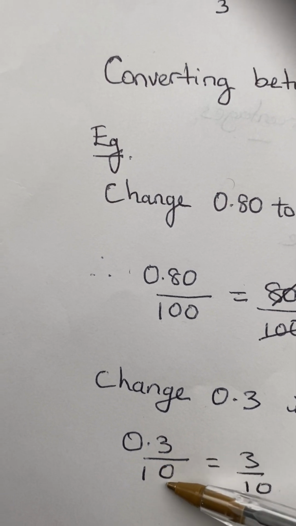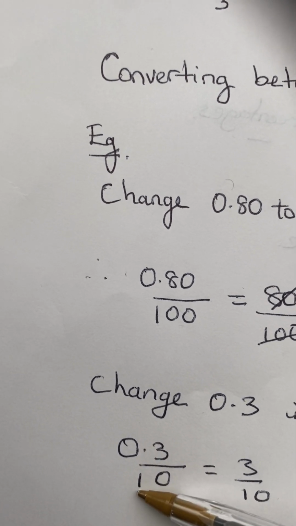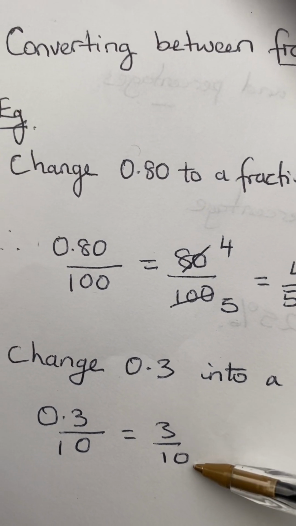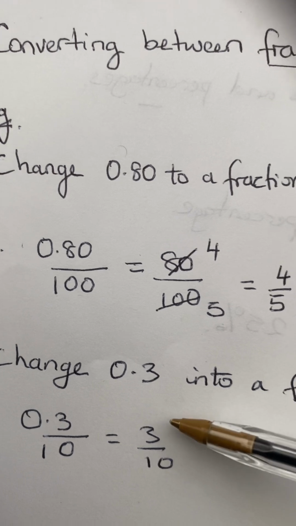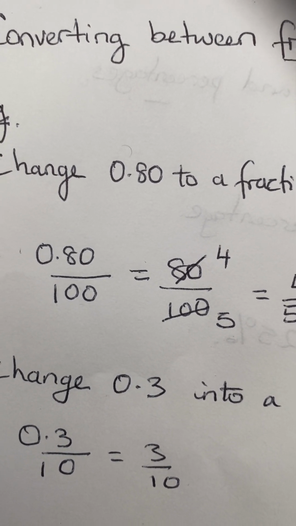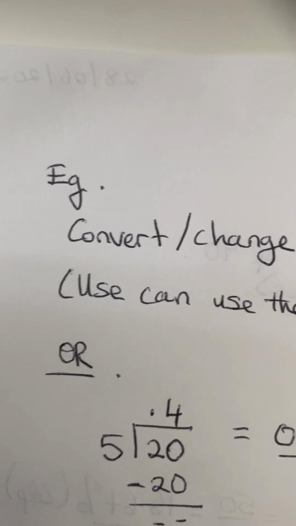Under 3 I put 0, under the decimal I put 1. So now I have 3 over 10. They don't have any common factors, so this is the simplest form, and I can't break it down any further. All right, let's go to the next example.